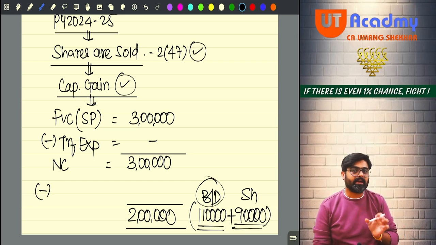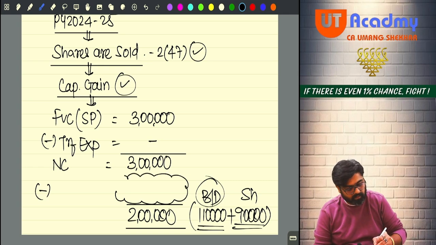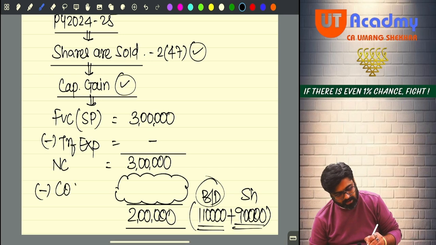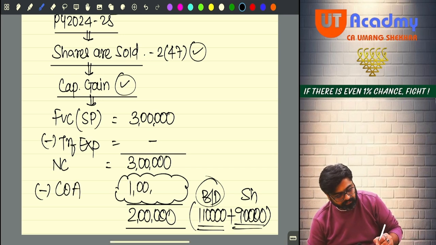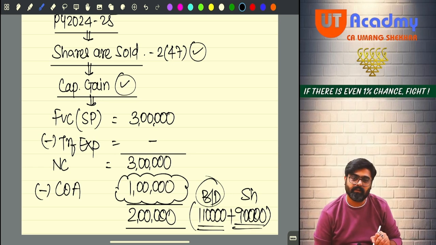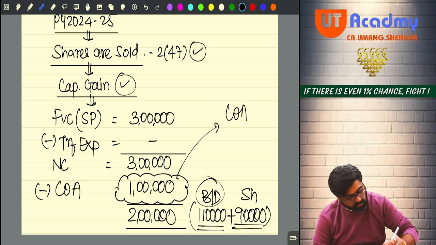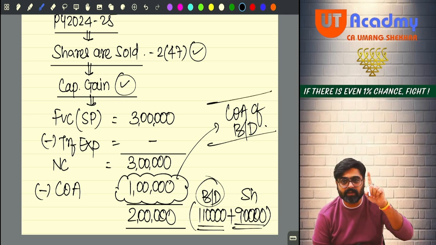So this entire 2 lakh will be charged only if the cost of acquisition to be taken here is 1 lakh. And what is that 1 lakh, my dear friends? The cost of acquisition of bonds or debentures shall be deemed to be the cost of these shares.